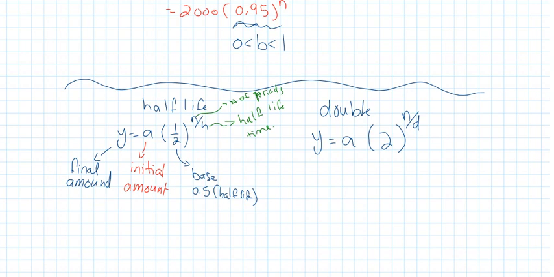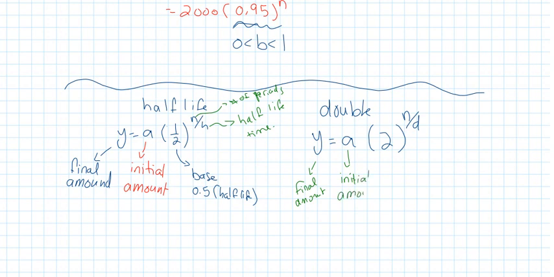Similar to that, I have the doubling formula, right? Double formula. So this is your final amount. This is your initial amount. This is 2 because we're doubling, right?